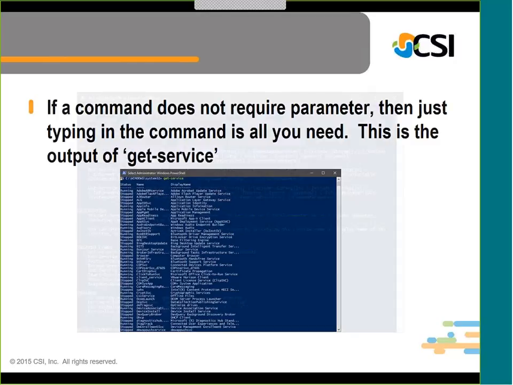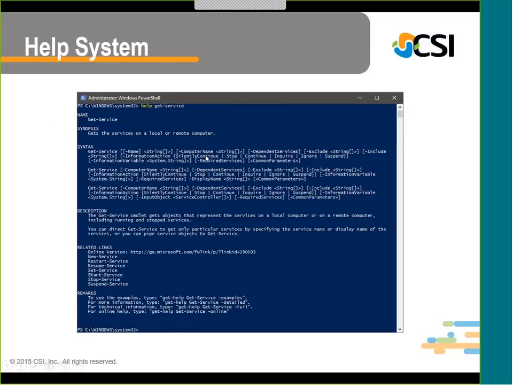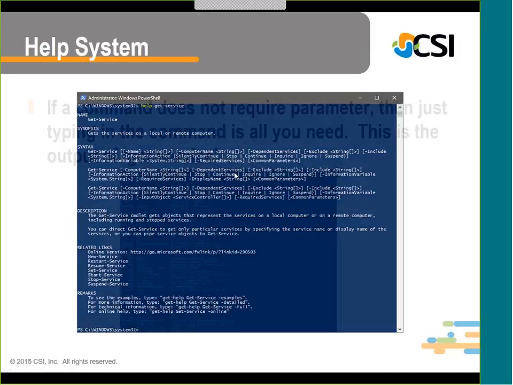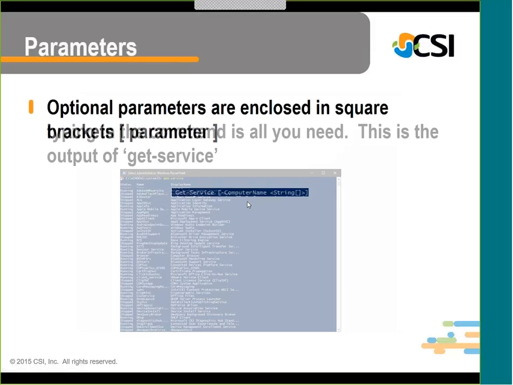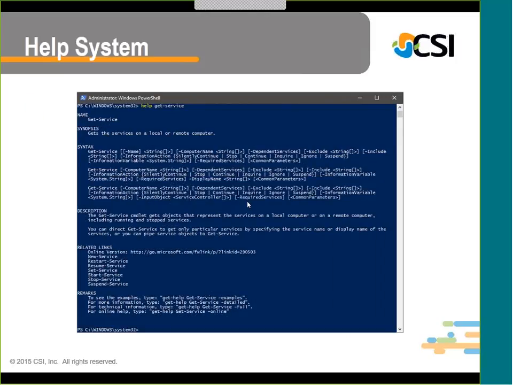If I wanted to get the details on a specific service, that's when I start specifying these parameters. The optional parameters are enclosed in square brackets, and so the reason Get-Service worked without me typing in anything else is because all these parameters for this syntax are optional.